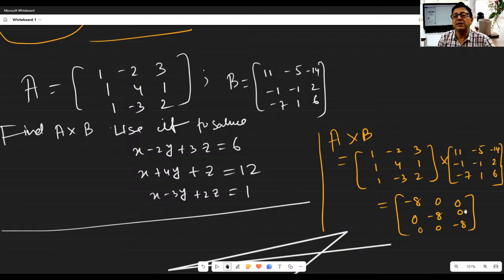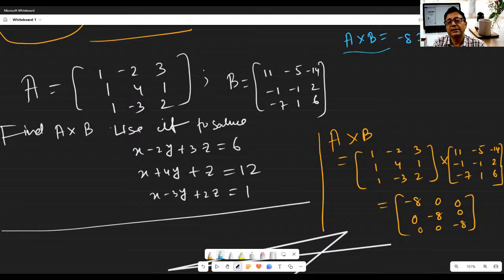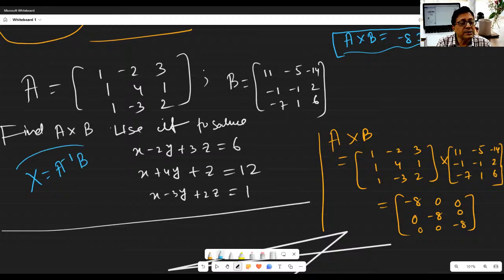So what is the advantage of this method? You got A into B, how much you got? Here A into B you got minus 8, you take common I, isn't it? A into B is minus 8 into I. What do you need to find the solution? X equal to A inverse into B. Can't I say that B by minus 8 equal to A inverse into I?